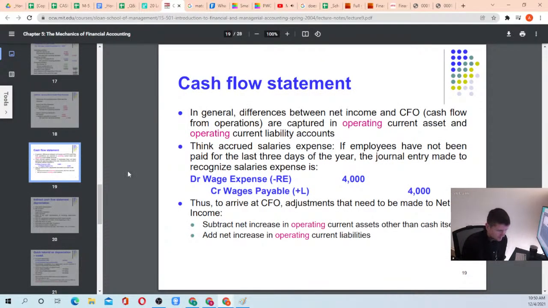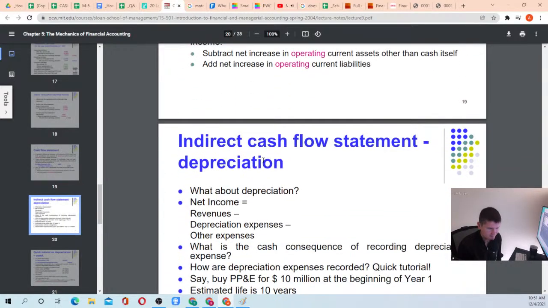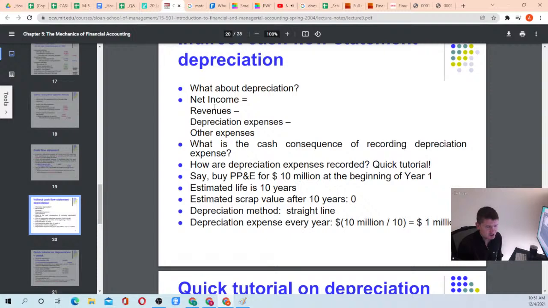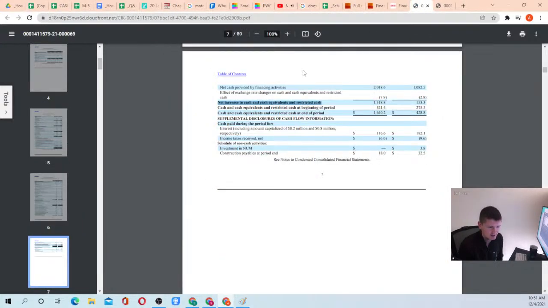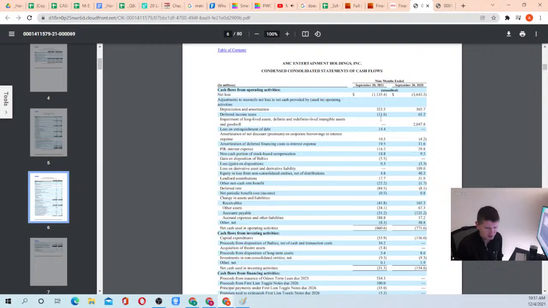Okay, let's see. Do we have anything interesting left here? So the differences between net income and cash flow from operations are captured in operating current asset and current operating liability accounts. And depreciation is a non-cash item. We will dive a bit further into that in our practice. So far we need to know that depreciation is a non-cash item, and on the indirect statement of cash flows it adjusts the income.